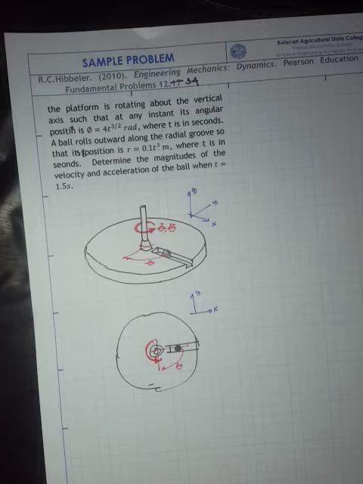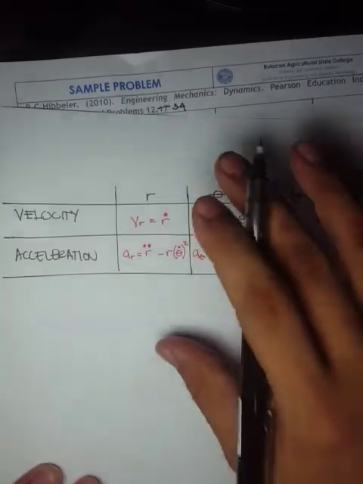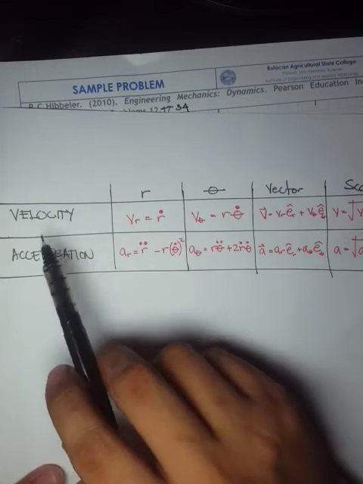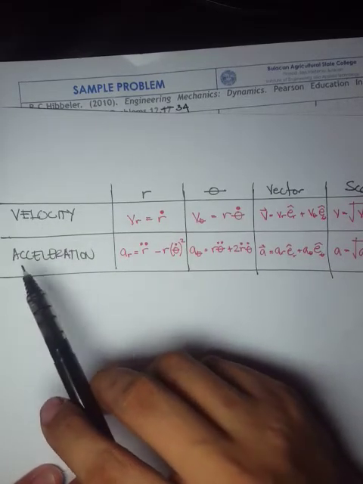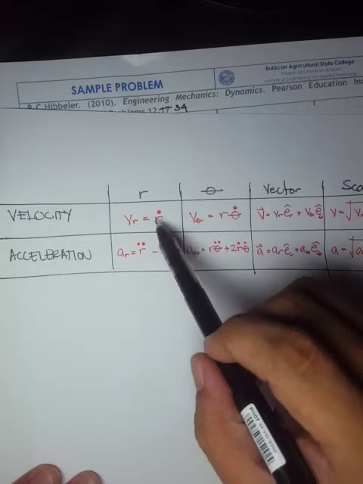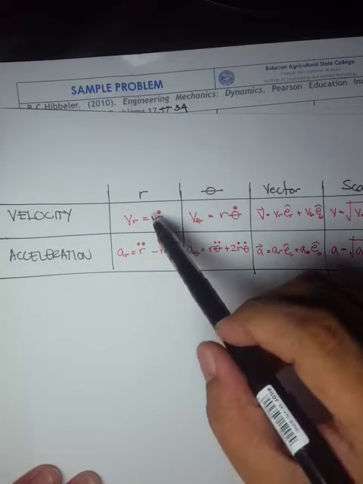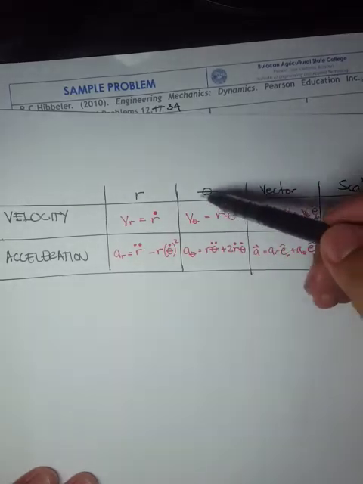So let's have a review first of our equations for the polar coordinate systems. In this table, I have presented the kinematic variables, the velocity and acceleration, and their corresponding equations with respect to the radial axis and then the angular axis.